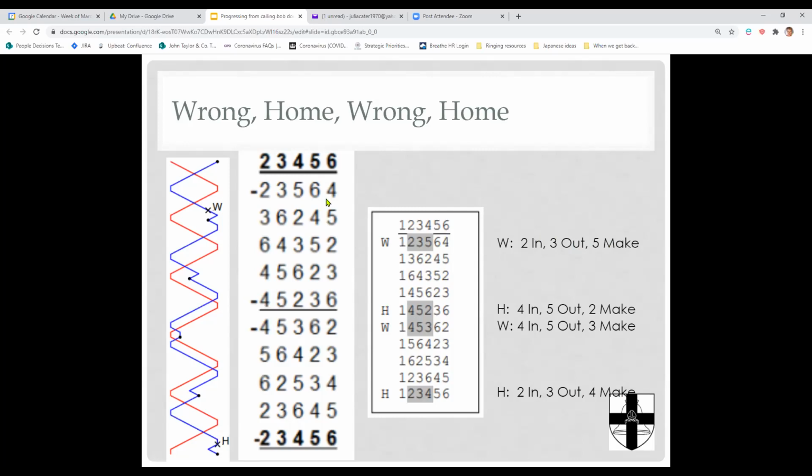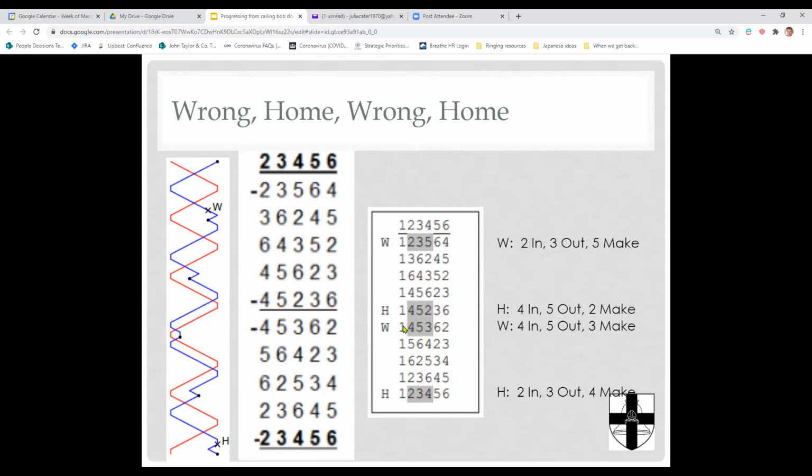And indeed, if you don't want to ring the tenor, if you wanted to ring the 5th instead, it tells you, oh right, if I want to put a wrong in, then actually the 5th will be making the bob the first time in the first call, and then it will be running out for the next 2 calls.